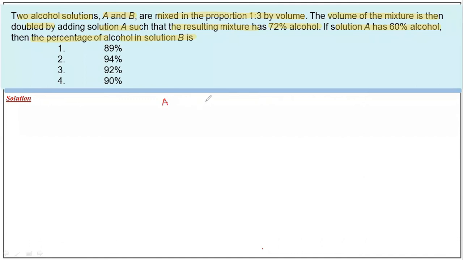So initially A and B, let's say, is present 1 unit and 3 units, such that the total is 4 units.